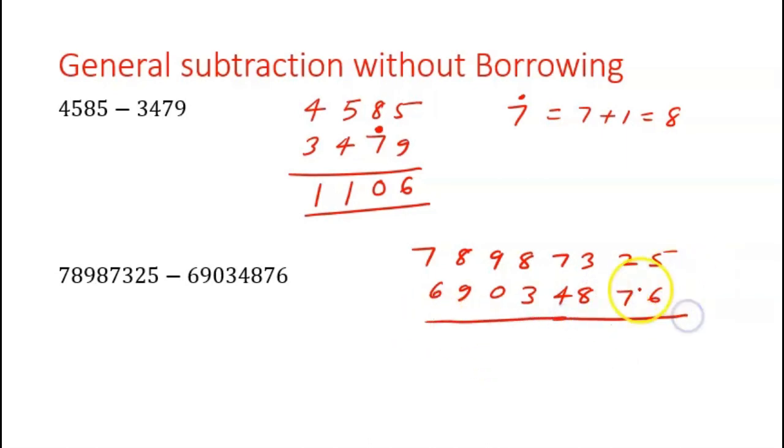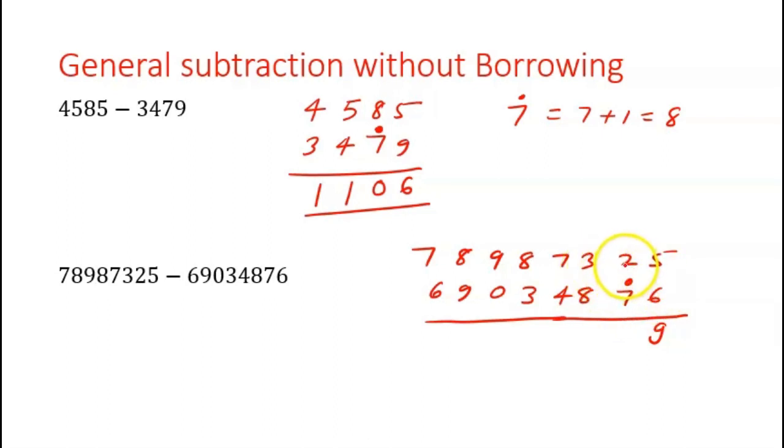So what is the process? 6 is greater than 5, we don't want to take a borrow, so I will take the complement of 6, that is 4, and I will add 4 to 5, so I will get 9. Since I have to make the next digit 1 more than 7, for that we just put a dot over it. So by 7 dot I mean 8.